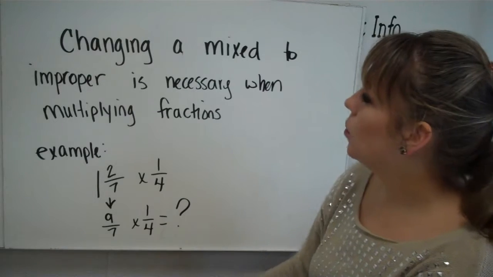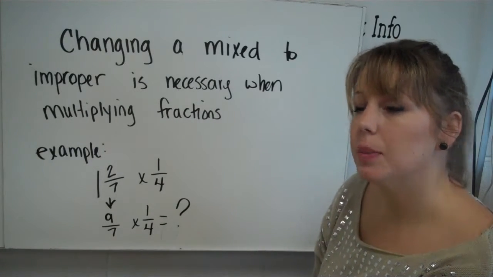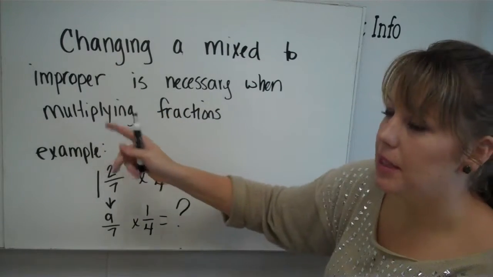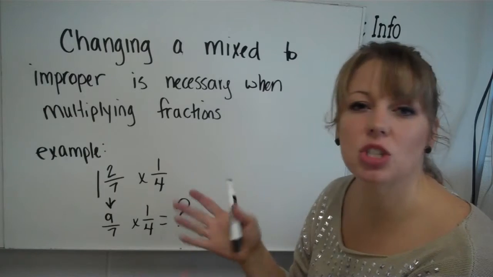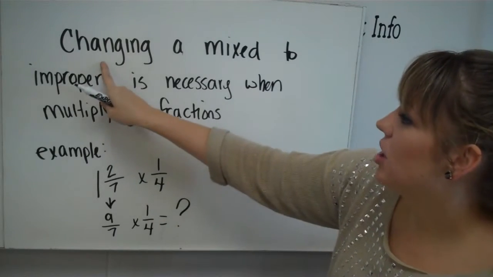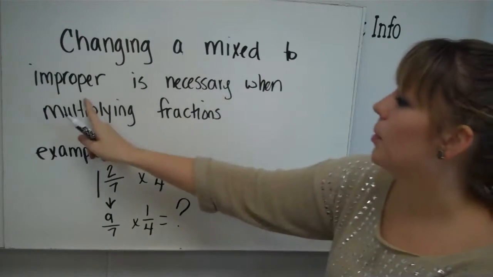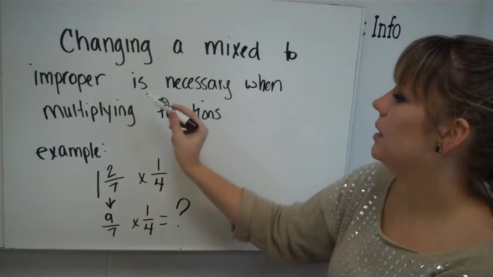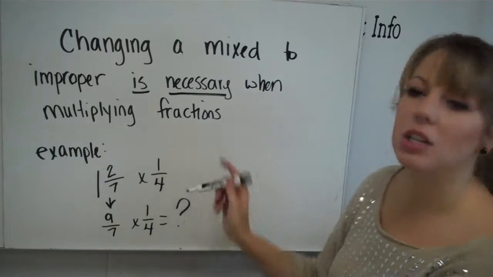Okay, remember we're multiplying, we're not adding, we're multiplying. When you multiply mixed numbers and fractions or whatever, if there's a mixed number in that question anywhere, you have to change it to improper. So changing a mixed to improper is necessary when multiplying fractions.